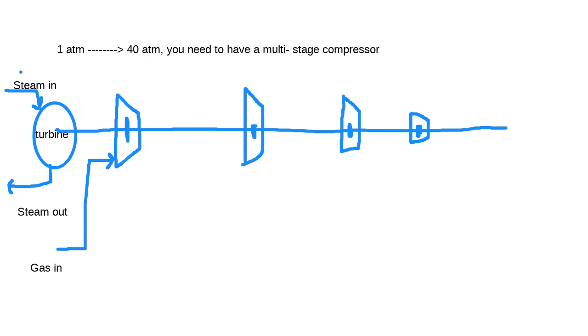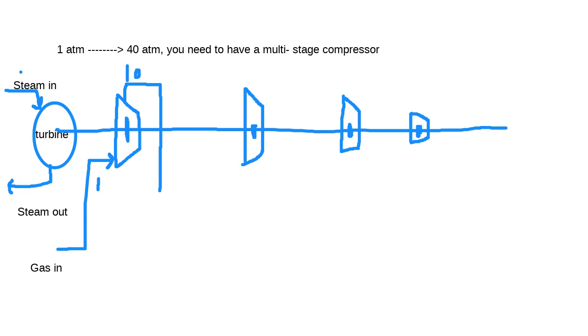Now, the problem is, guys, as I said before, that if you compress the gas and keep compressing the gas, the temperature of the gas will increase, and that will result in damaging the compressor. So in order to solve this problem, guys, by the way, the pressure here is 1, and the discharge pressure here will not be 40, it will be, as an example, 10 atmosphere.